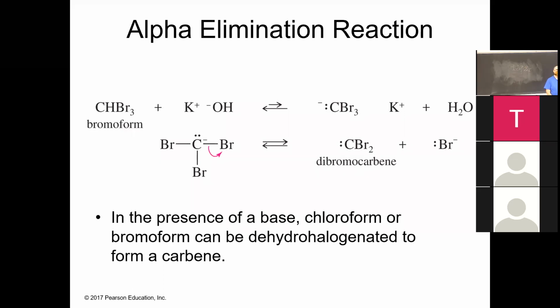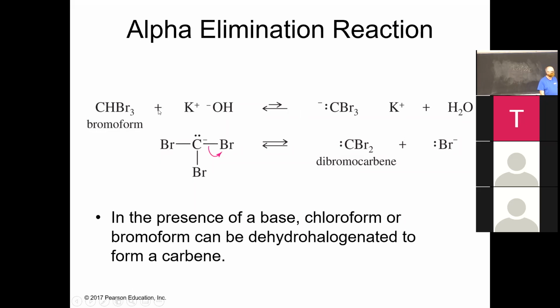Okay, we have about 5 minutes remaining, so this is the alpha elimination reaction. Trihalomethanes are called haloforms. And so here we have bromoform, as it's commonly known, or tribromomethane.